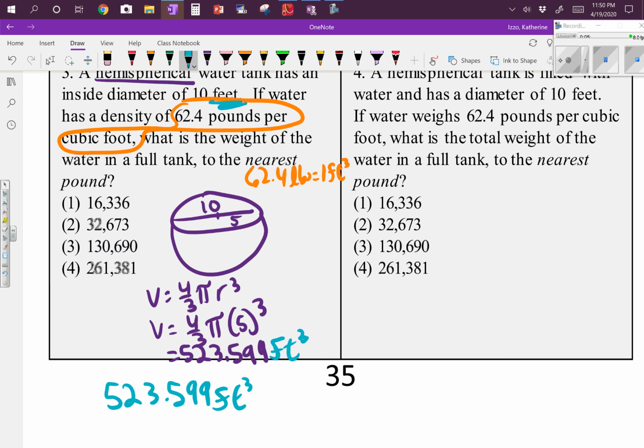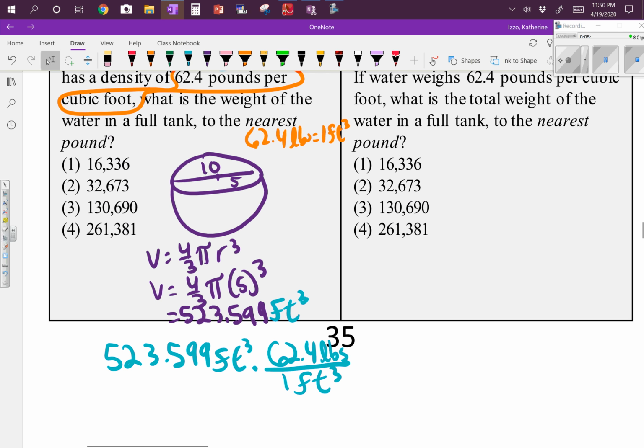And we do not want feet cubed. We want it in pounds. So we need the 62.4 pounds, and 1 foot cubed goes on the bottom. And so when we do that in the calculator, we get 32672.6. 32,000 is right there.